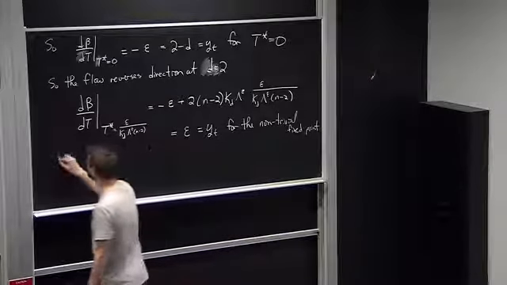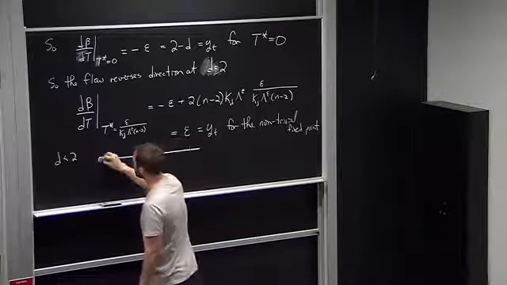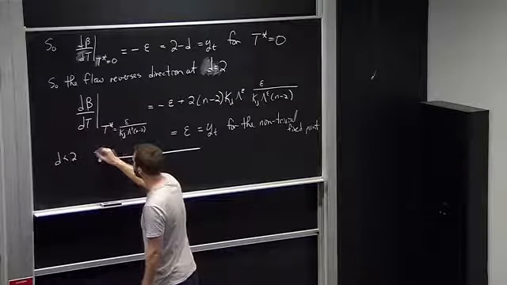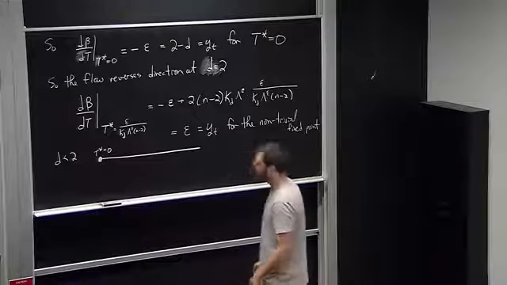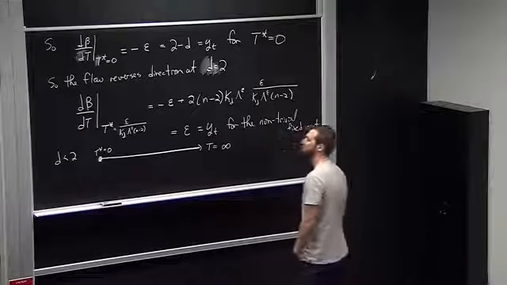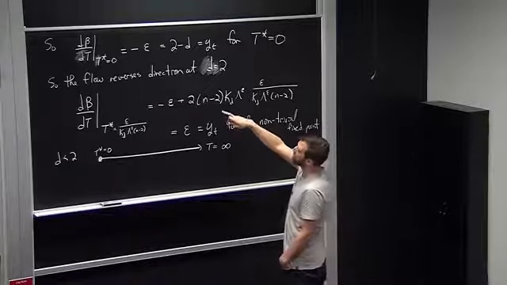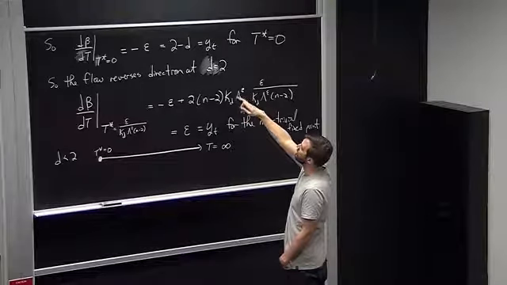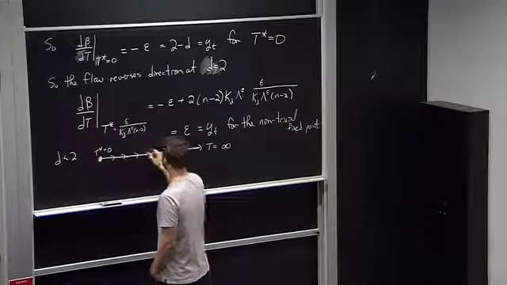So we get a picture that looks like this with one fixed point at t equals 0, and here's t equals infinity. Does this make sense? For less than 2 dimensions, everything's relevant, so we just flow to the high temperature phase.